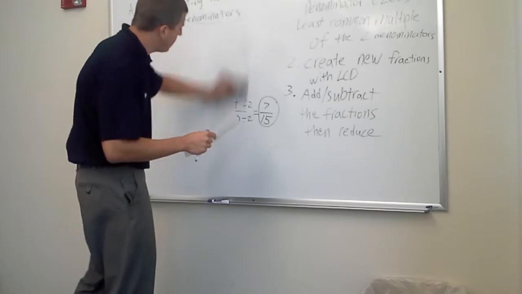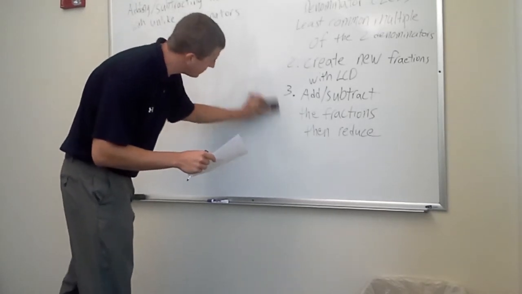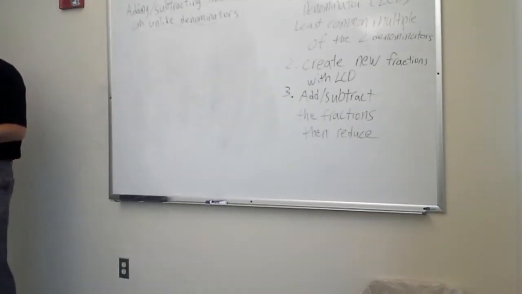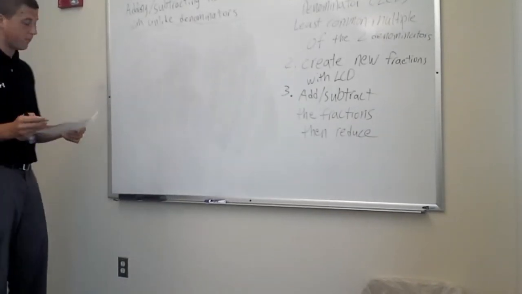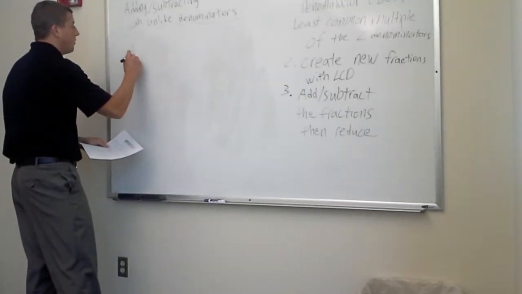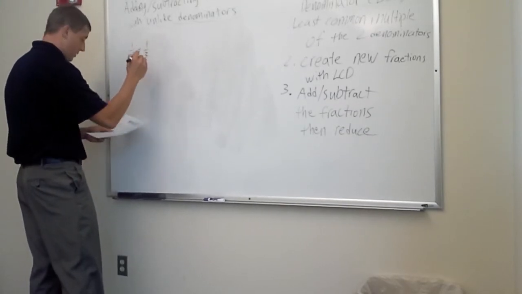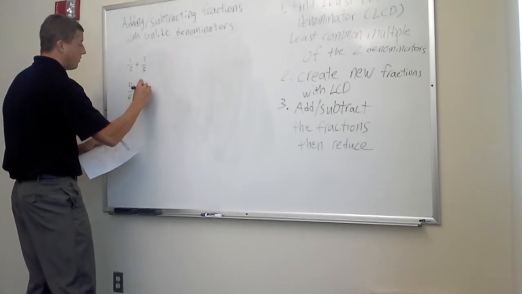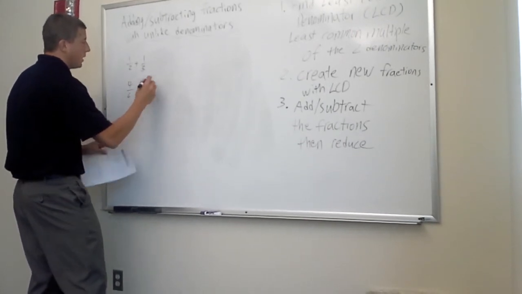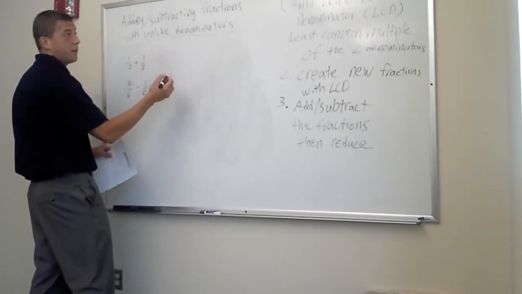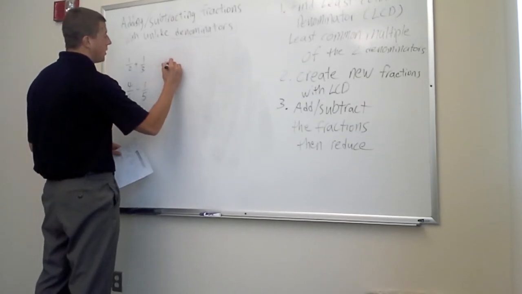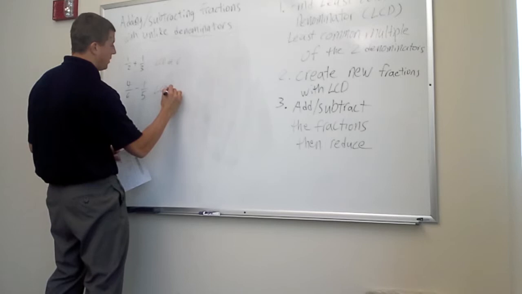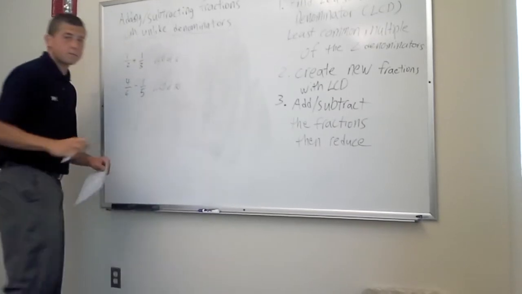So, in those two problems, I know some of you guys like to come up with shortcuts and you want to go through all the steps. In those two problems, we had 1/2 plus 1/3, and we had 4/6 minus 1/5. Now, in this one, we came up with an LCD of 6, and in this one, we came up with an LCD of 30.